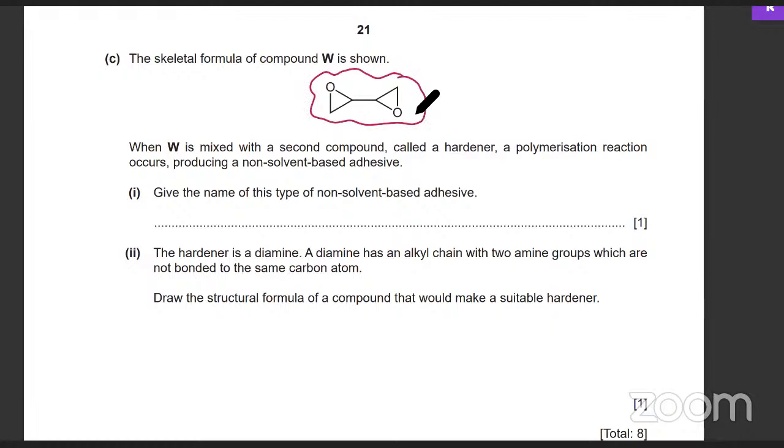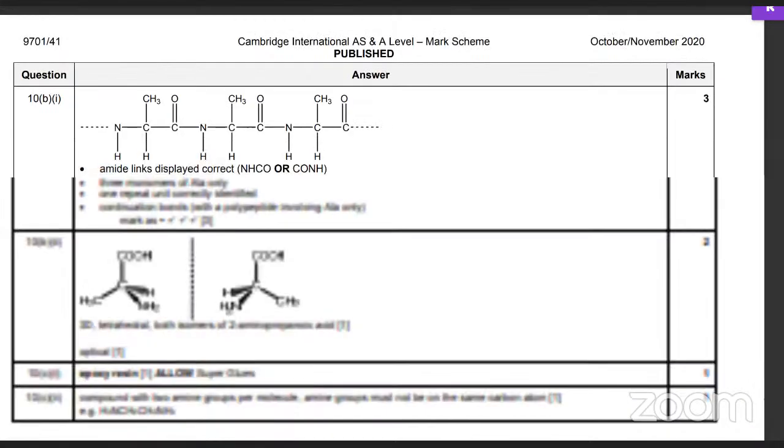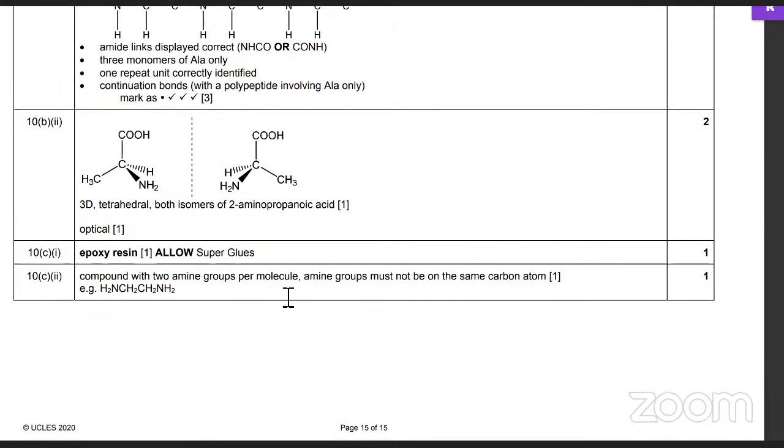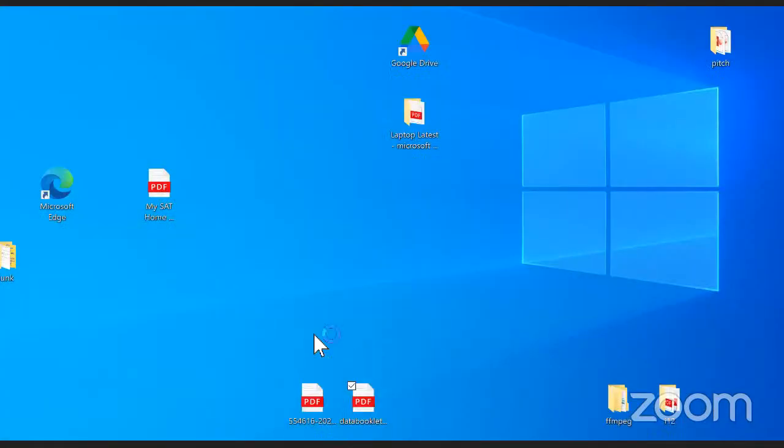But I'll give you a brief idea of what superglues are. Okay, so just confirming, it is superglues. I'll give you an idea. You can remember this is no longer really in your course anymore. They've actually removed anything that says superglues.